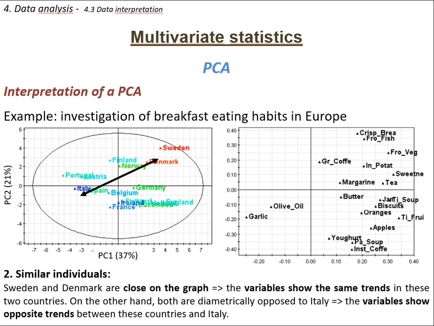And what is very important is that you can interpret these graphs geographically. You don't need any other information, or any quantitative data more than that. If you have samples that cluster together, it means that they are almost the same. They are alike. Sweden and Denmark here are very close on the map, which means that their breakfast habits are nearly the same, and they are northern countries.